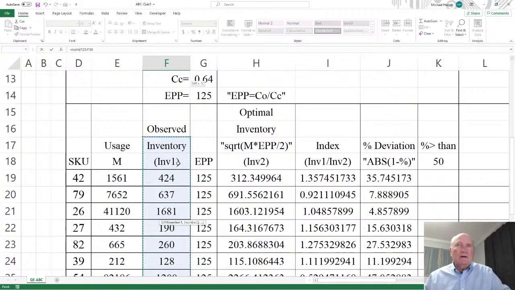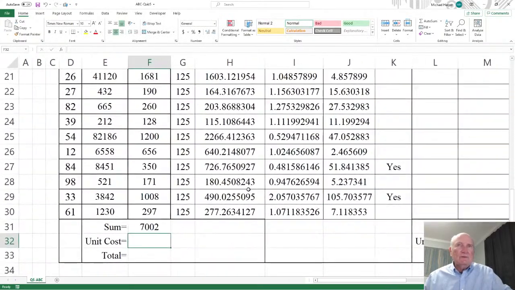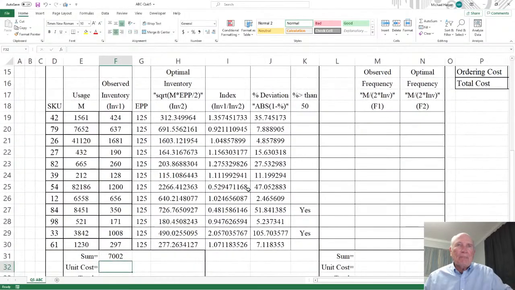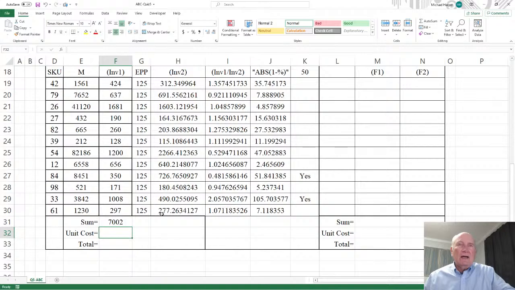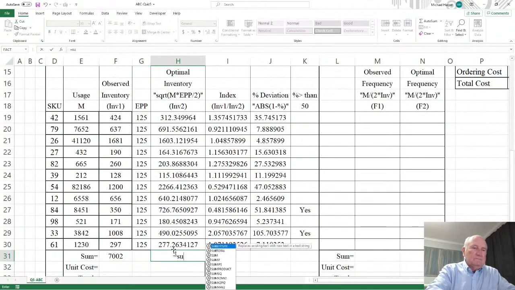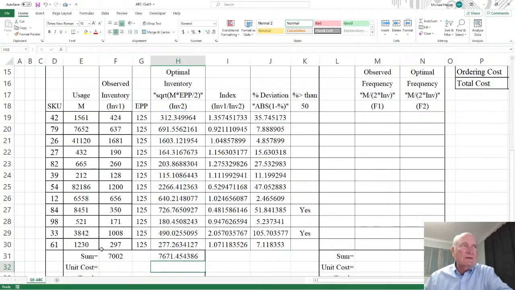The sum of the observed is there. Let me bring this down so we can see it and not keep going up and down. And then the sum of the optimal. Here is the optimal inventory, and here's the sum of the observed.